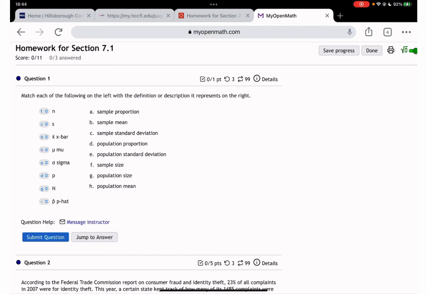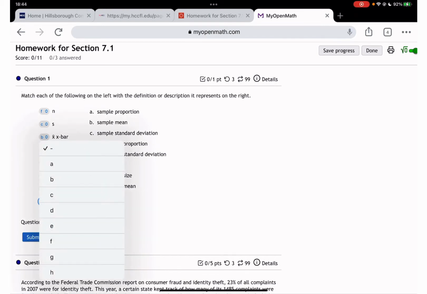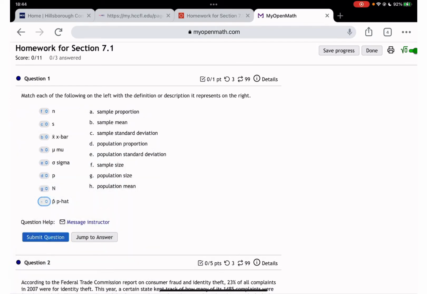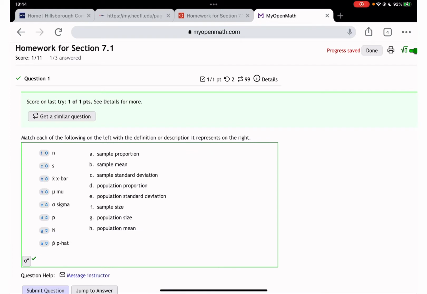P hat is sample proportion. Didn't we use D? Yeah. Sample proportion. It's population. Where is sample? A. Sample proportion. Okay, let's check. Bingo. Correct. Okay, moving to next question.